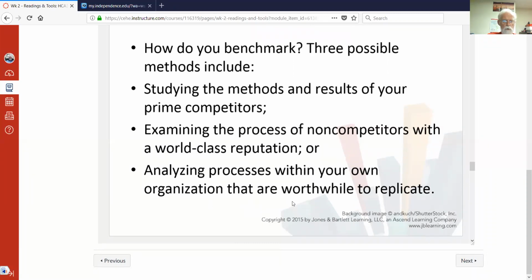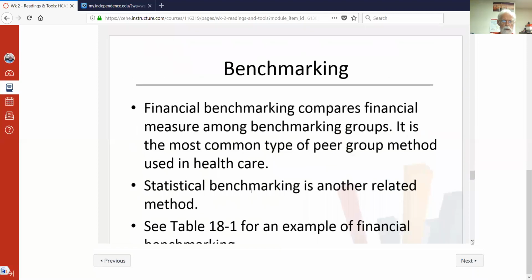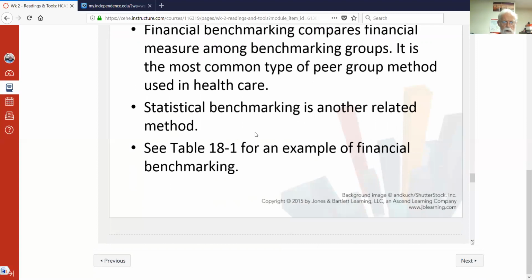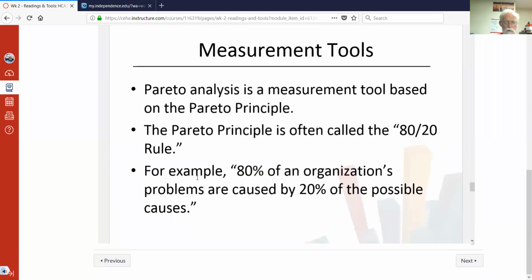And then you want to look at the processes within your organization that you want to replicate. Financial benchmarking is looking at how we compare with our common peer group in the business, and that's real common, especially with long-term care.